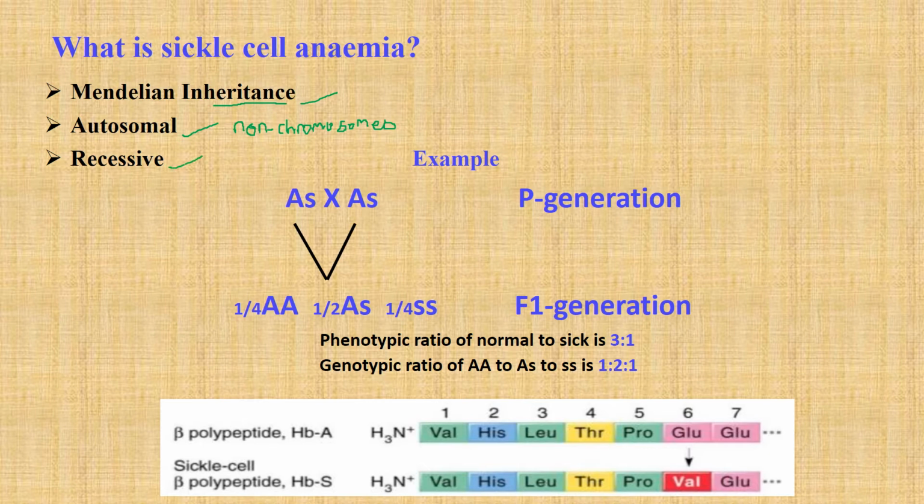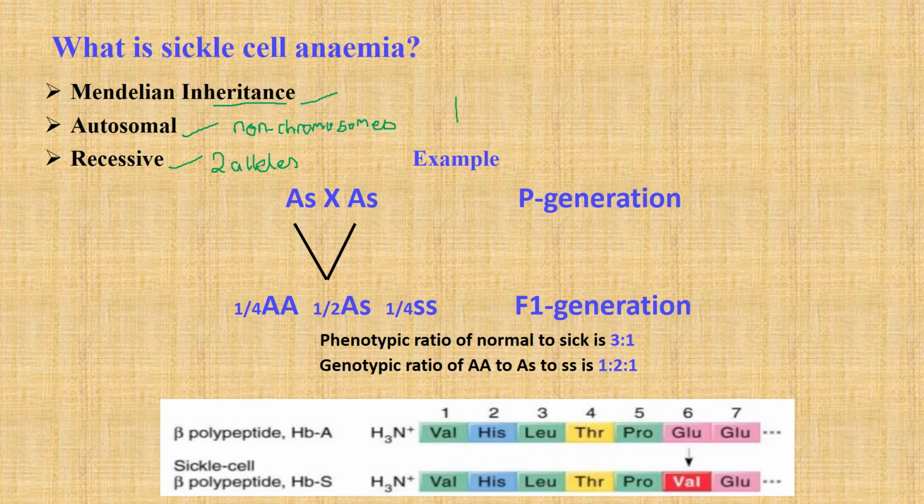It is recessive. This means that we need 2 copies of this allele in order for sickle cell to be expressed. So two copies of the mutated allele are required in order for sickle cell to express itself.